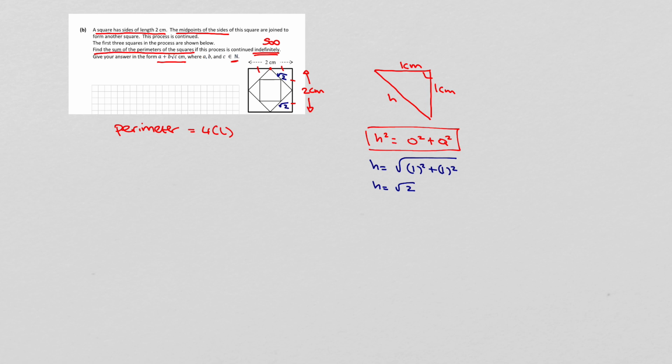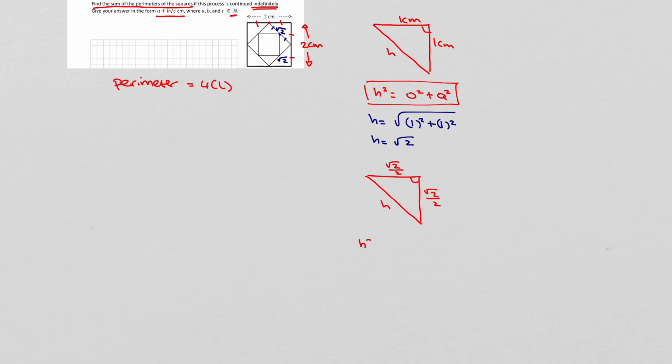So now if I want to find the inner square, so the third square, I'll just simply repeat that process. So again, if I do it in blue, the midpoint is going to divide that line in half, which means that when we draw our right angle triangle again, we're going to have root 2 divided in half, so root 2 over 2, root 2 over 2, and h.